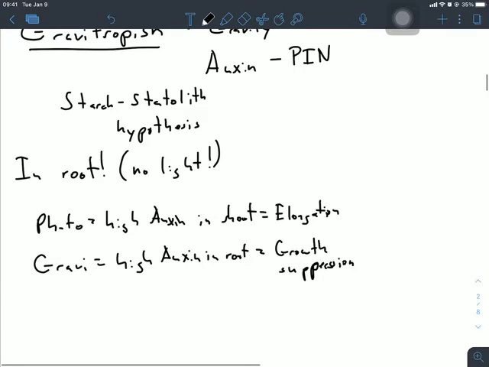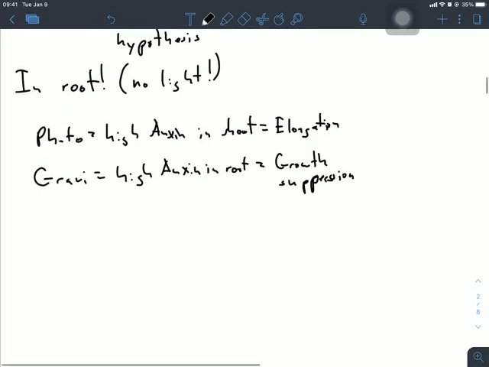Because they're interacting, well, first off, there's a lot of genes that differ between the root and the shoot, but also the signal that's driving this, the perception of gravity, is done by those statoliths, done by something different.